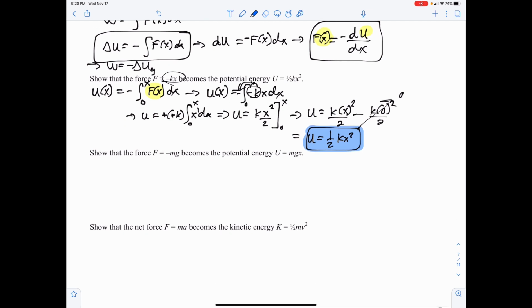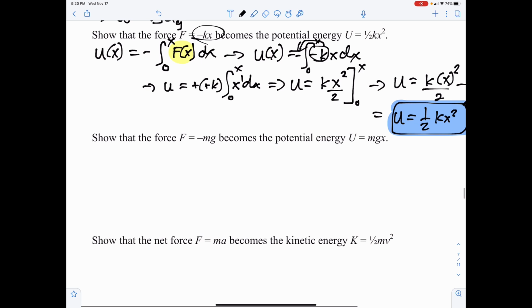Show how F equals negative mg becomes that potential energy, gravitational potential energy, mgx. Again, we can start off with the exact same equation: U equals the negative integral of the F function dx. This time I'm going to go from 0 to h, where h is my x, my distance direction.